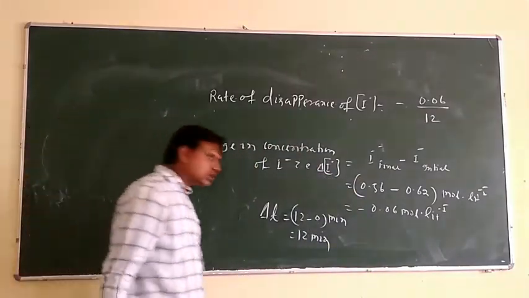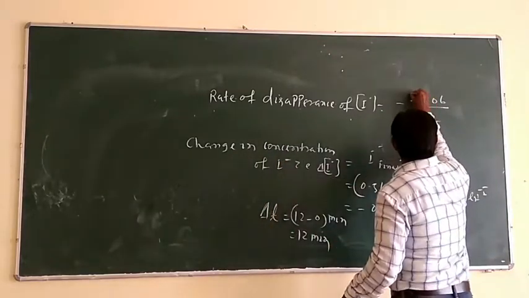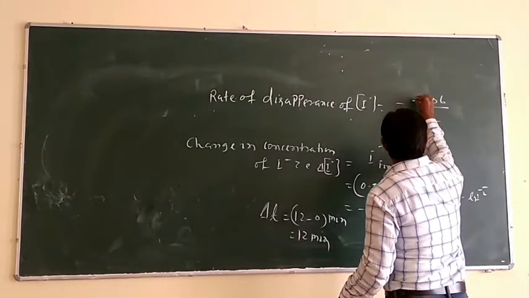Also the value of 0.06 is negative, so we have two minus signs.